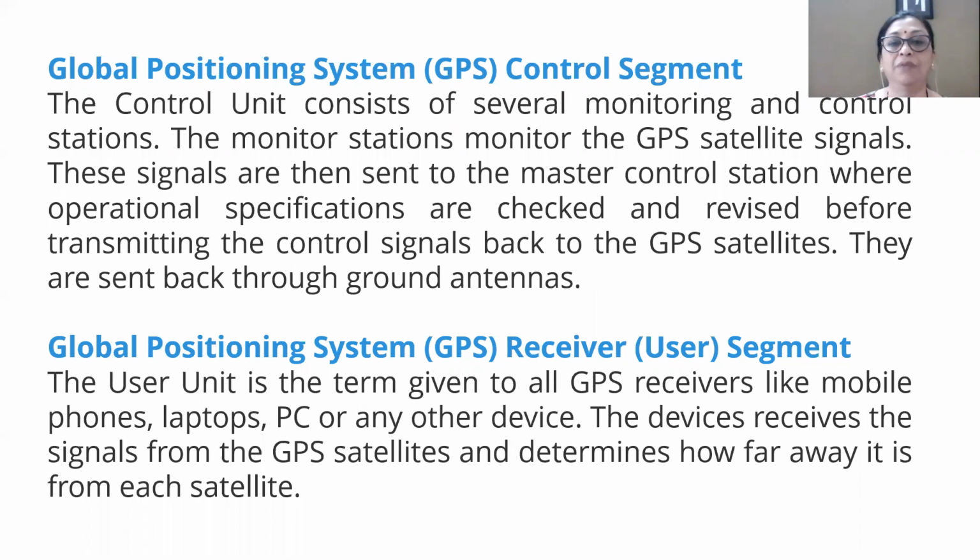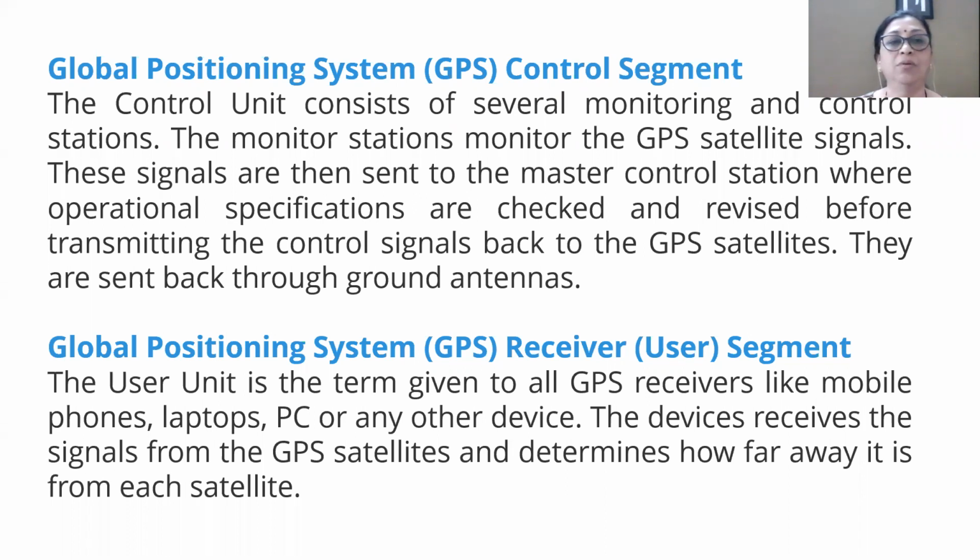After receiving the signals from the satellite, this master control station checks the specifications and performs certain operations on it. After revision of the output of those operations, the revised signal is sent back to the GPS satellite through, as you can see, ground antennas.